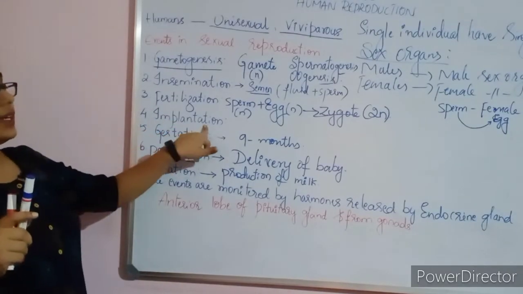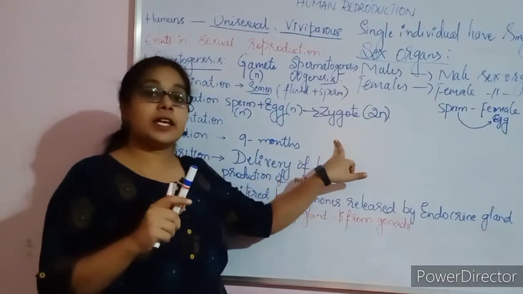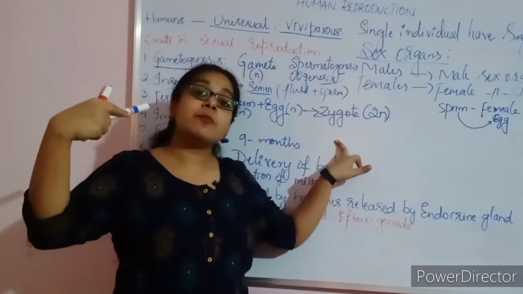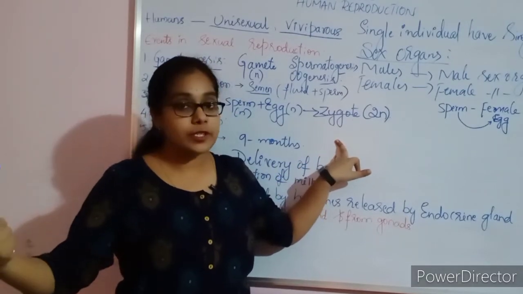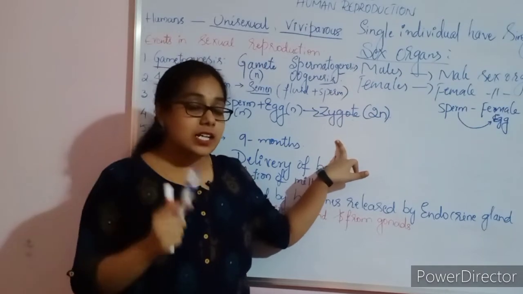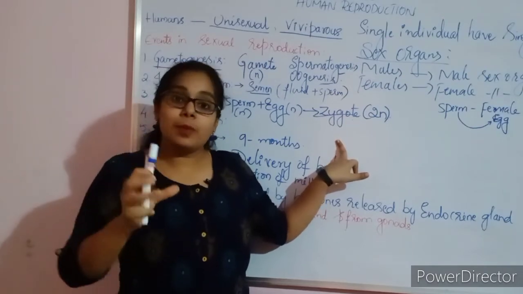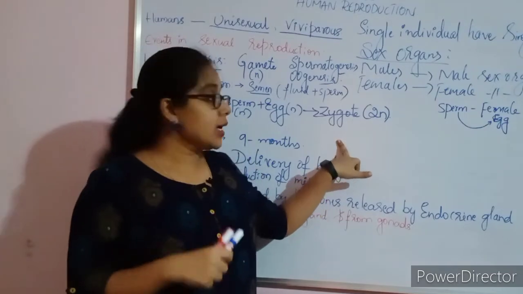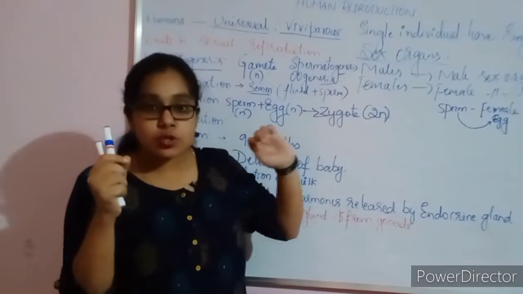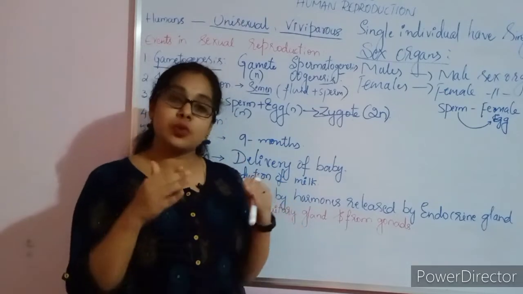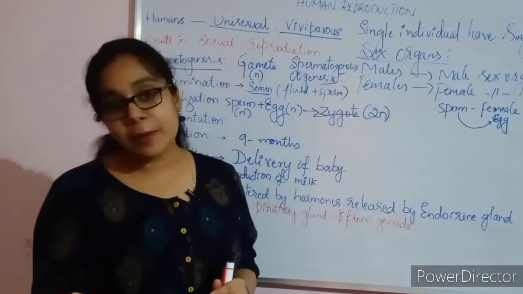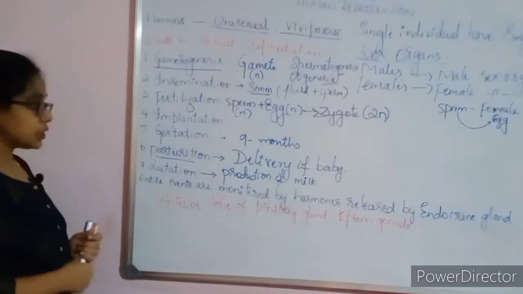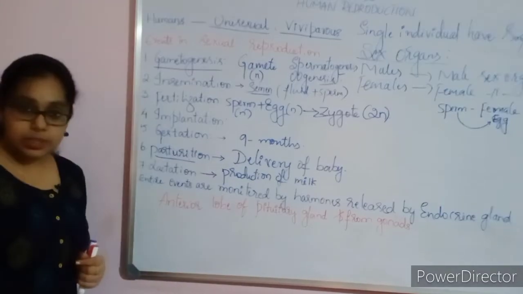Next, in implantation, this diploid zygote, in order to develop further into a new individual, searches for a protective place. That protective place is nothing but the womb. So the zygote attaches to the womb, then develops into an embryo. The embryo later develops into a new individual. This is called implantation.